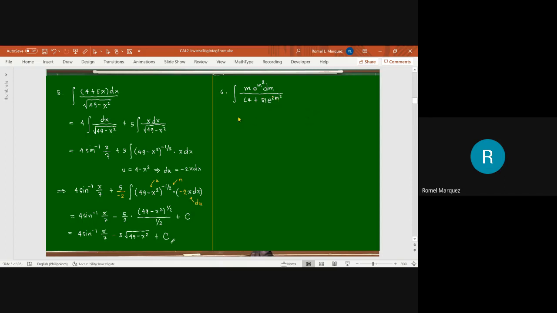Let's check, okay? So, what is a squared here? 64. What is a? 8. Is that right? And then what about u squared? u squared is 81 e to the 2m squared.